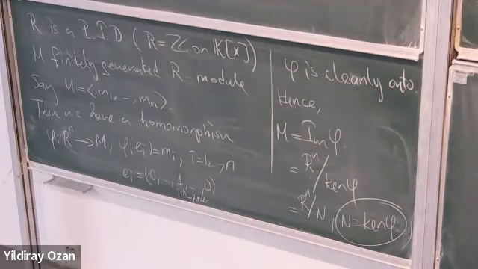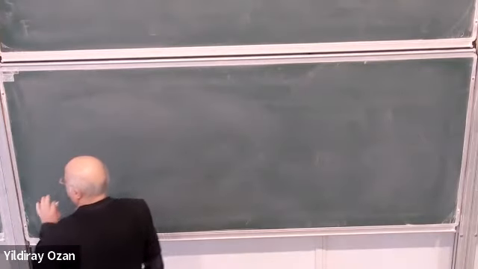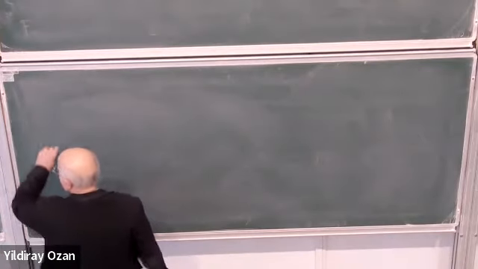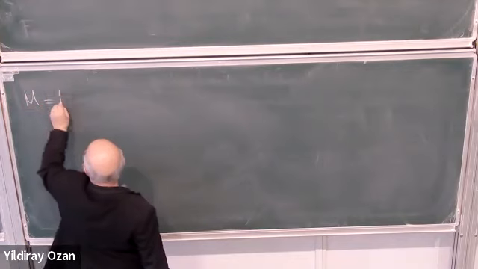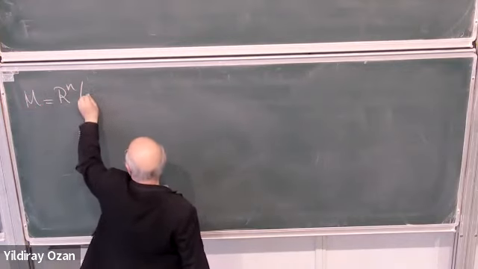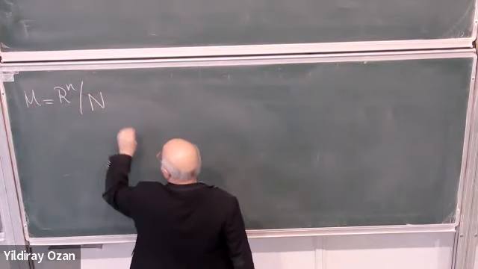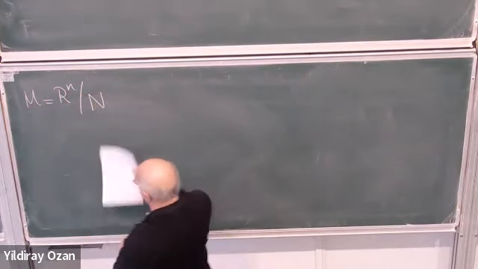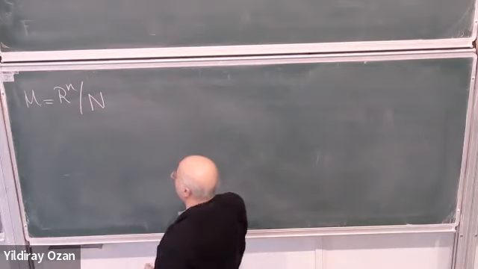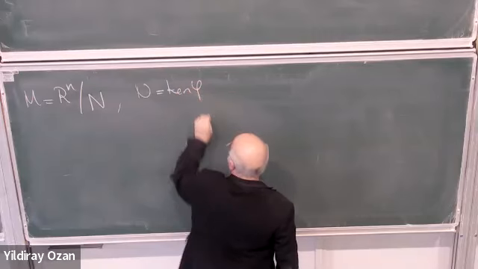Okay. Now I would like to understand this R^n divided by K, where K is the kernel of phi.